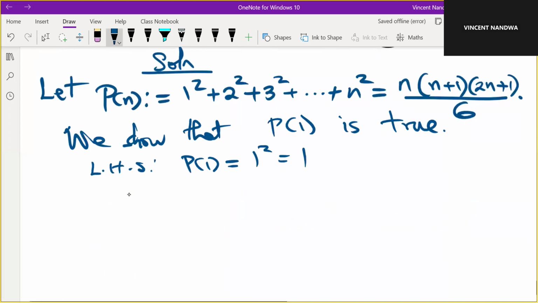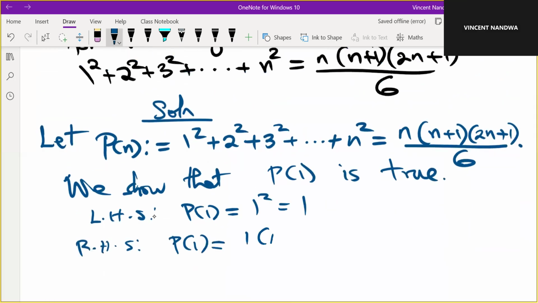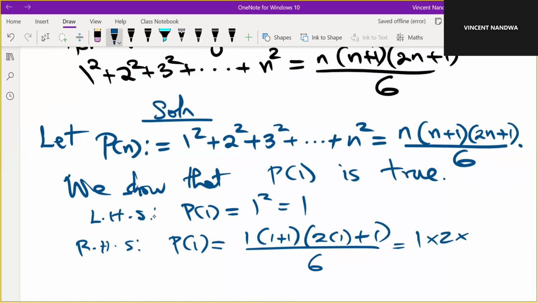And then let's see the right-hand side, 1 into 1 plus 1 times 2 times 1 plus 1 divided by 6. So this is 1 times 2 times. How are you getting 4? What is 2 times 1 plus 1? 3. Then divided by 6, do you see that that's still 1?